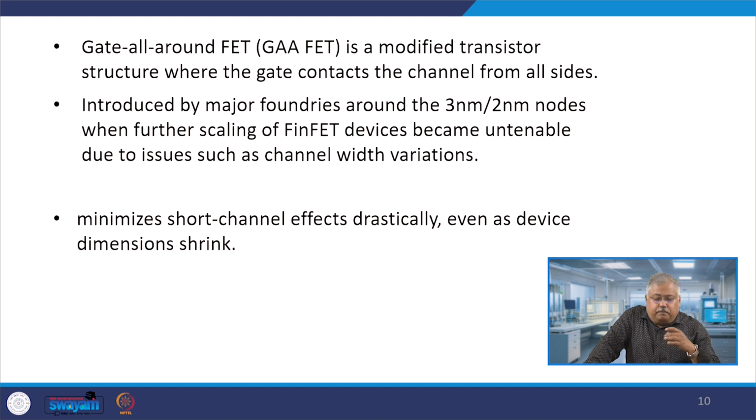The impediments are channel width variation and so on and so forth. The advantage is that you will be minimizing the short channel effects drastically, even as the device dimensions are shrinking down, right? If you are able to control the channel using a bias from all the directions, it will be much better in terms of minimizing the short channel effects.